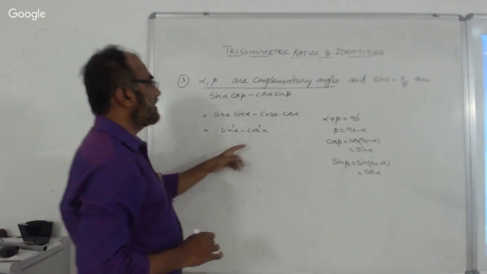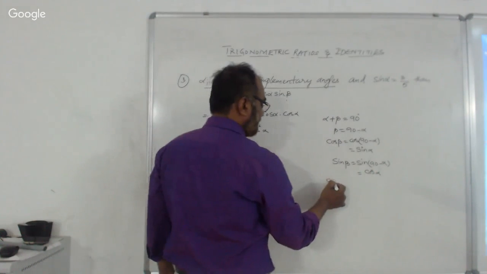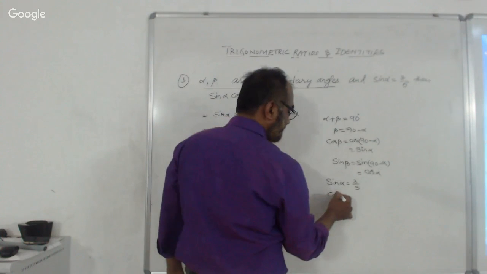Now I know sin alpha is 3 by 5. How to find cos alpha?